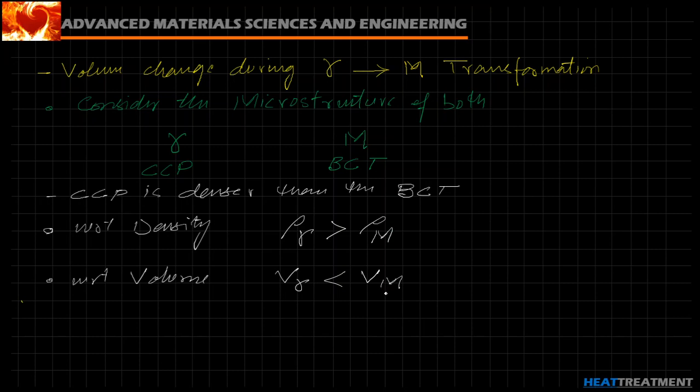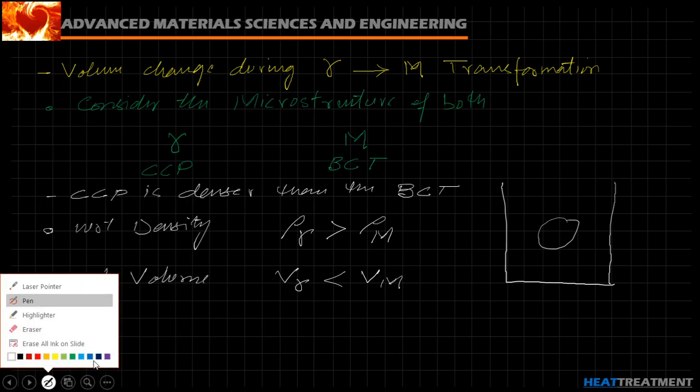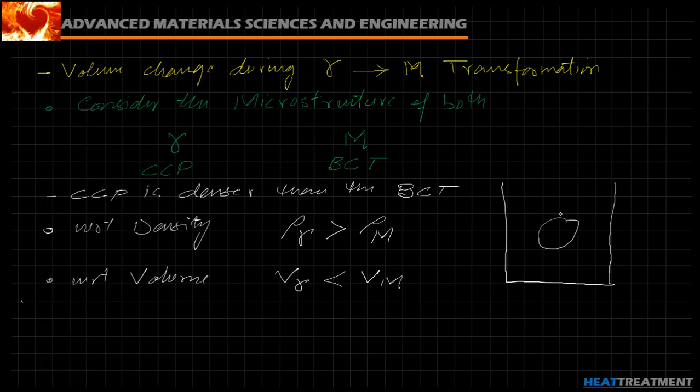We know that initially the outer shell or the outer layer is transformed to martensite.